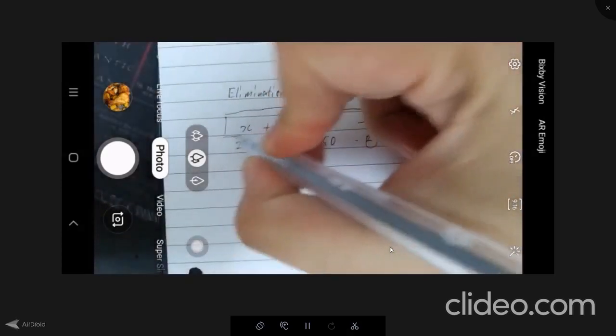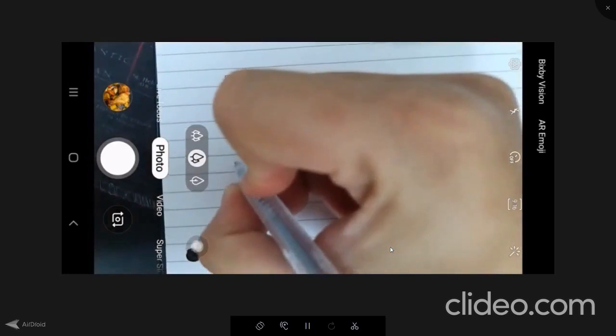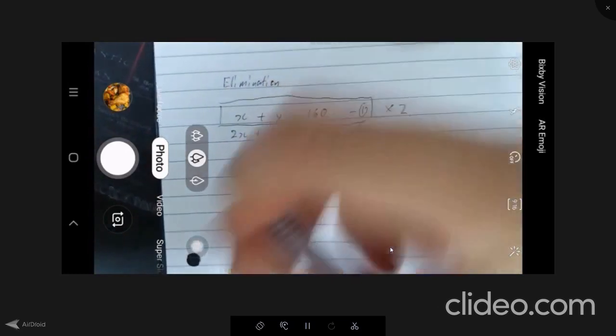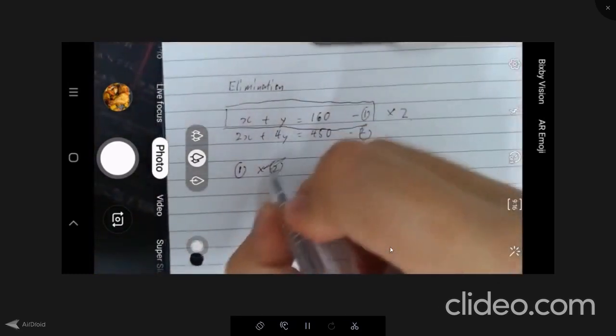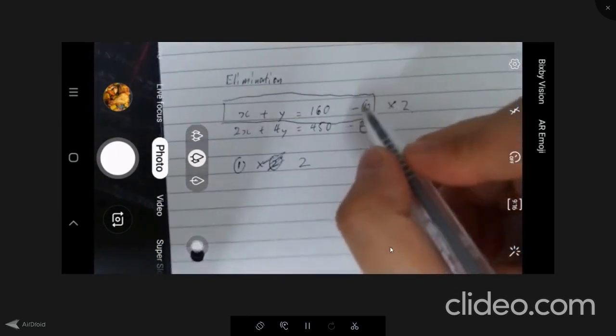For this one, what we need to do is times 2, correct or not? So the correct way to write it is equation 1 times 2. Don't put the circle. The circle refers to the equation itself.